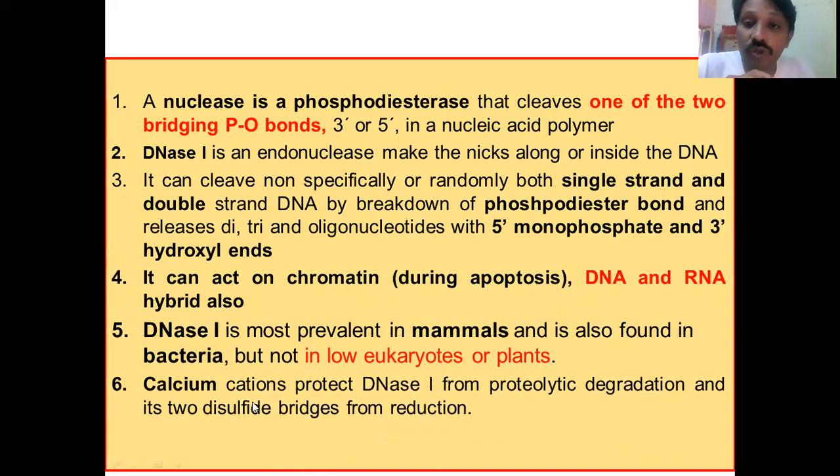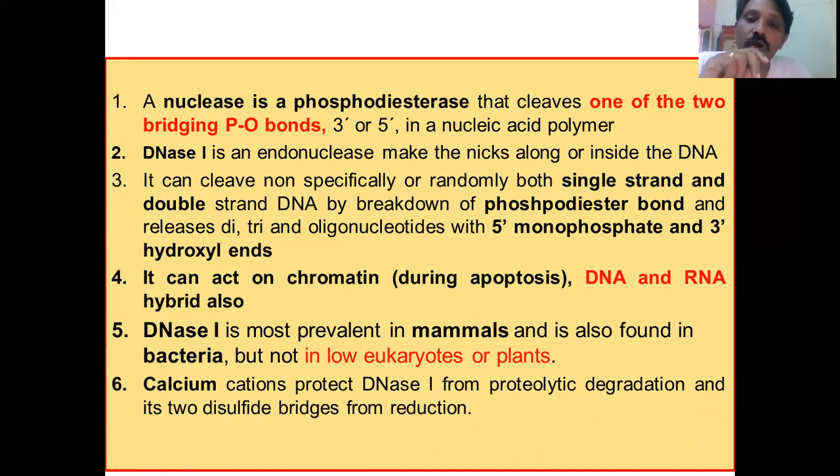Here I told you in the beginning that it requires two metals as cofactors. One is calcium, the other is magnesium. Calcium cations protect DNase I from proteolytic degradation, and its two disulfide bridges from reduction.